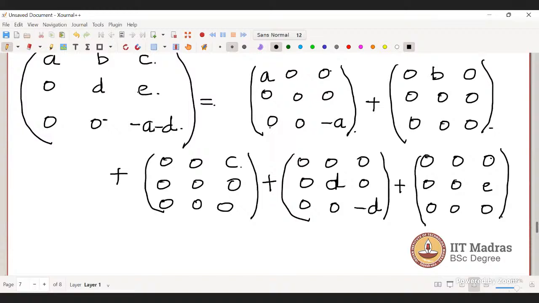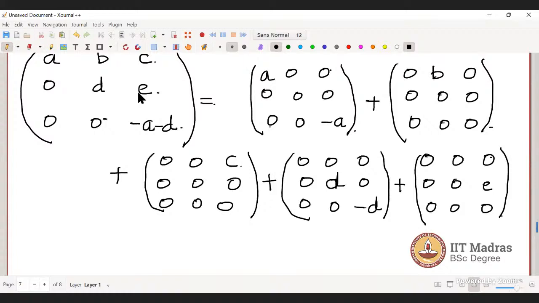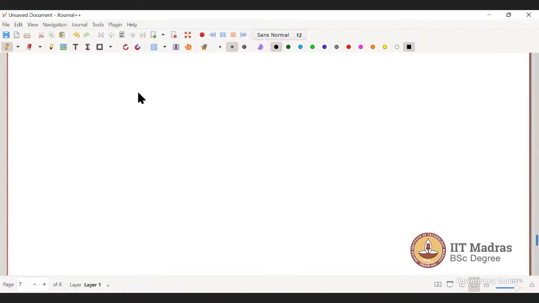We can do 0 D also, right? That will still be a basis vector of mine. No, I didn't get your point. I'll come to that. Okay, sir.